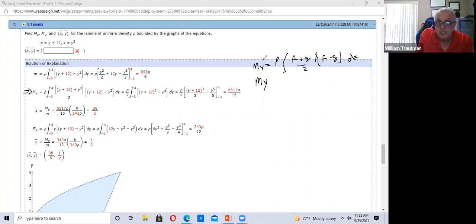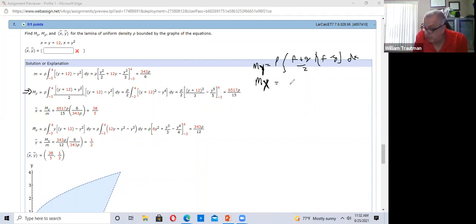So the two formulas I wrote down, I said mx equals this, but that's when we respect to x. If we respect to y, then this becomes my. And mx is the opposite of what we had then. Mx is the my that we had because we're doing respect to x.